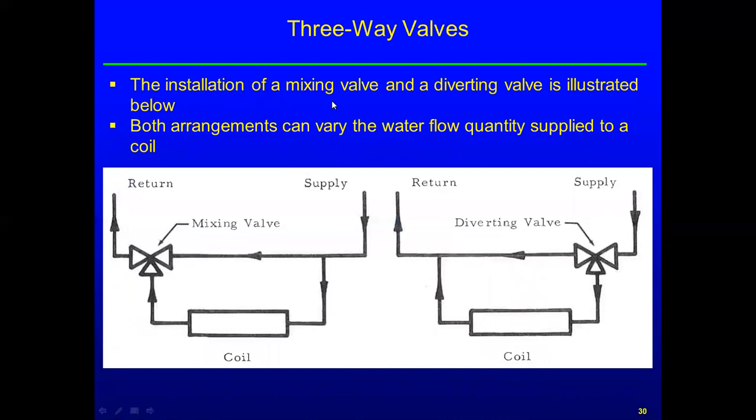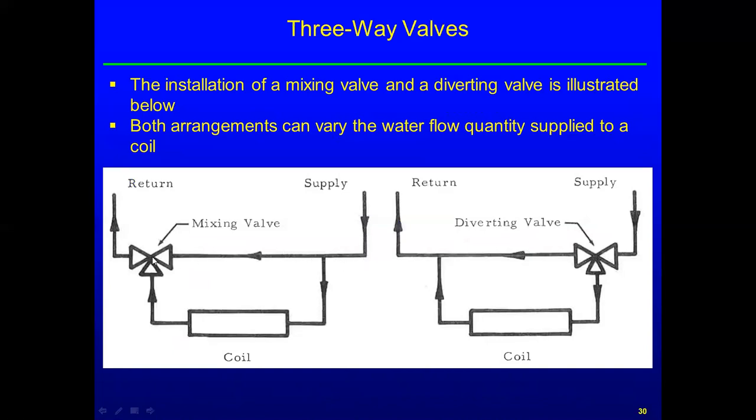Okay, the installation of a mixing valve and a diverting valve is illustrated below. Both arrangements can vary water flow quantity supplied to a coil. So on the mixing valve side, here's my supply. So it's a heating situation. This is my hot water coming in here.